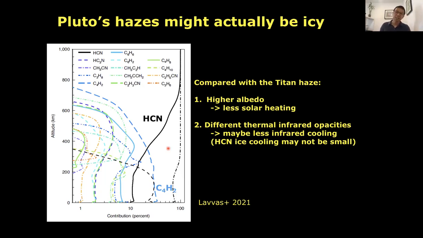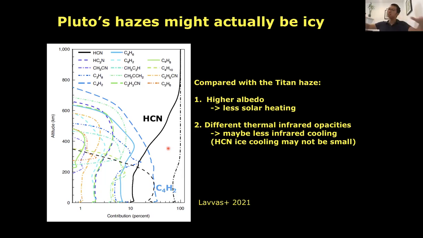Compared with ice, Titan's normal haze layer looks like an orange ball and that kind of thing. It's very absorbing in the visible, but the ice could be pretty reflective. So it's very different energy manipulation in the atmosphere. And the second thing is ice is different from hazes.